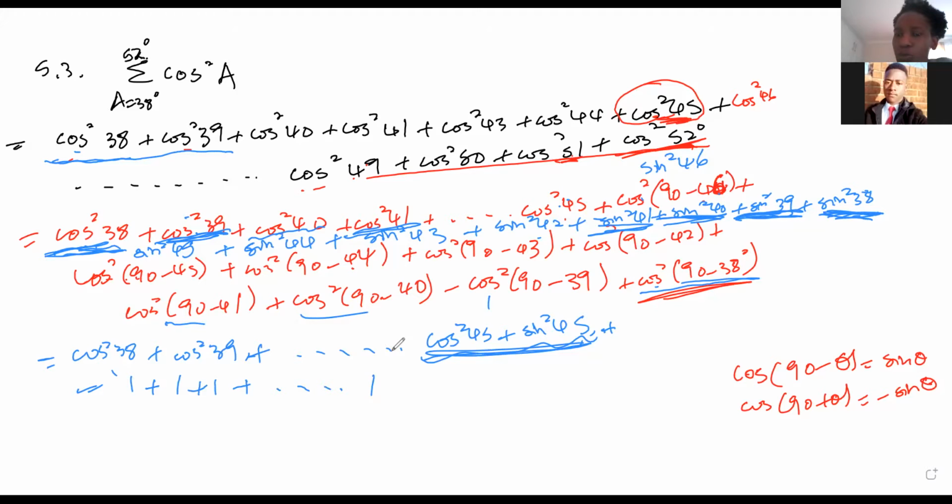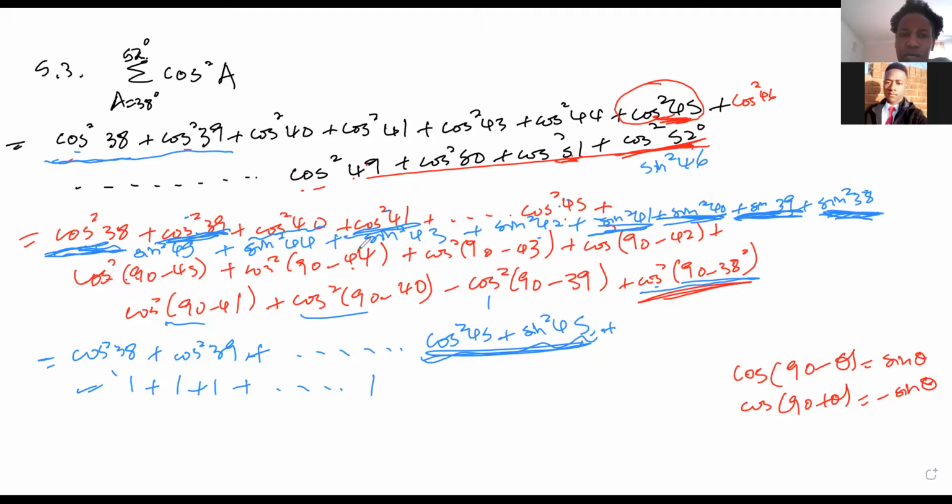So the last one will be, let's see which one doesn't pair. We've got 41, 40, 43, 44, then 45. Which one is not there? 38 is there.